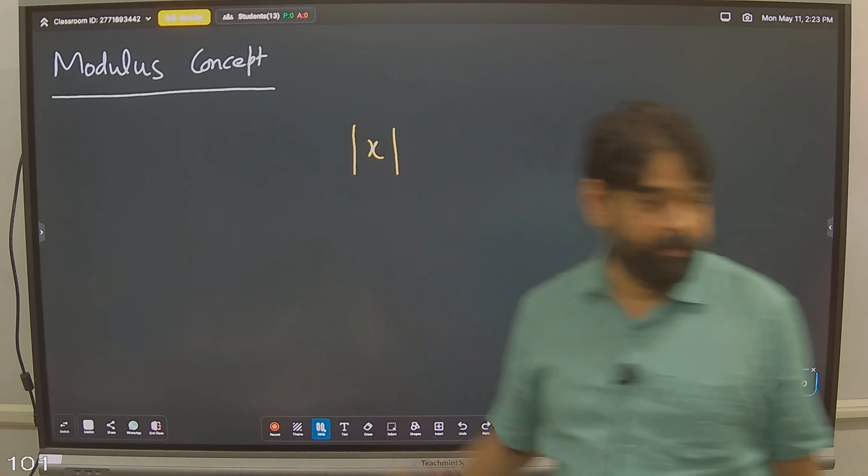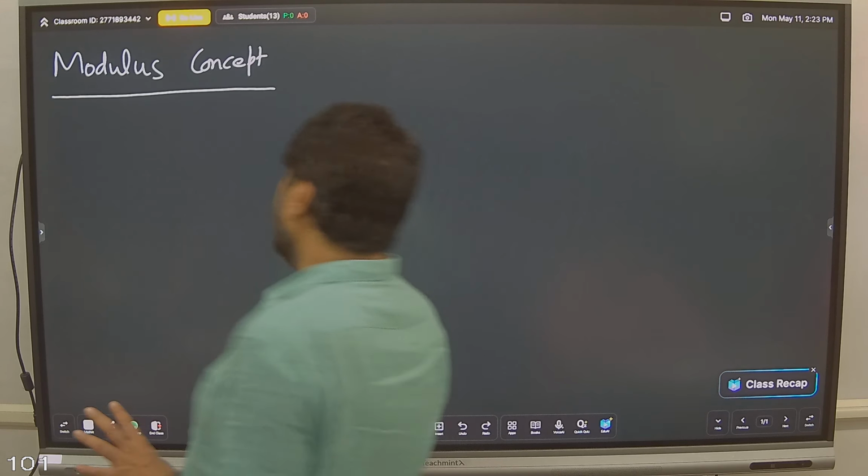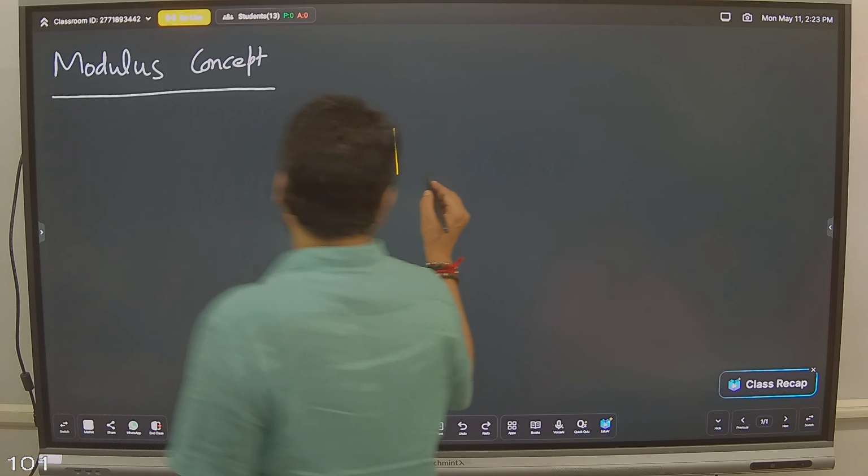All of you have seen this symbol? What is this called? Mod of x. It has different names. Let's understand everything.